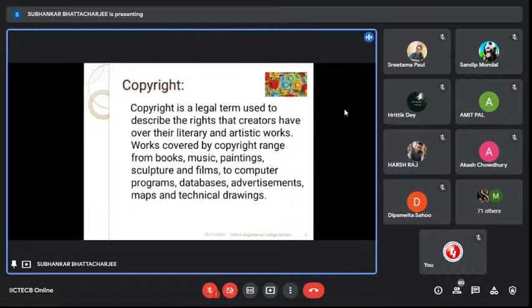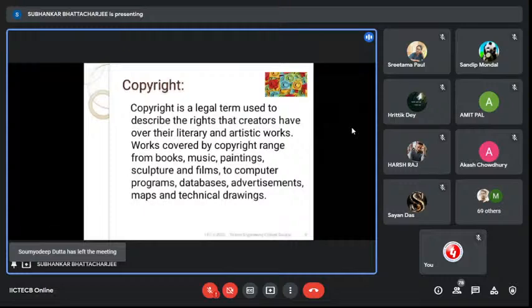Now I am going to start with what is copyright. Have you seen, on any website we open or surf, at the bottom a C inside a circle? You can also see it in the corner of a photograph. This is the symbol of copyright.